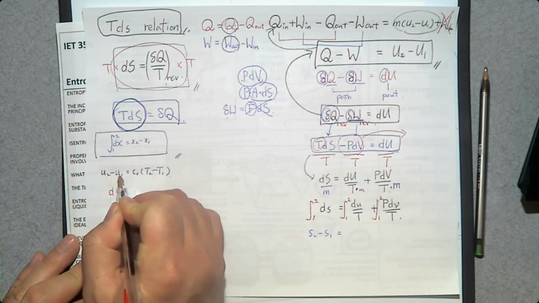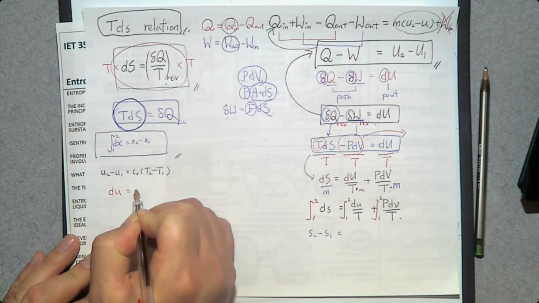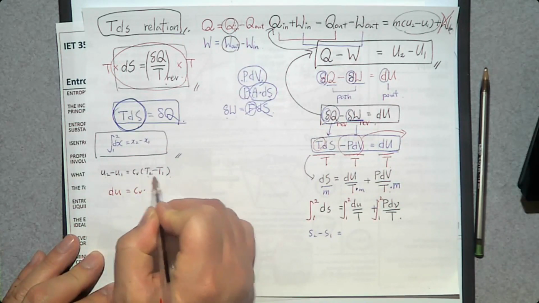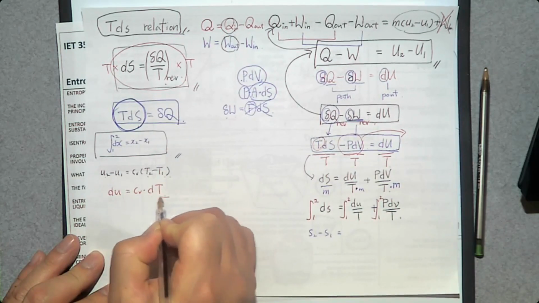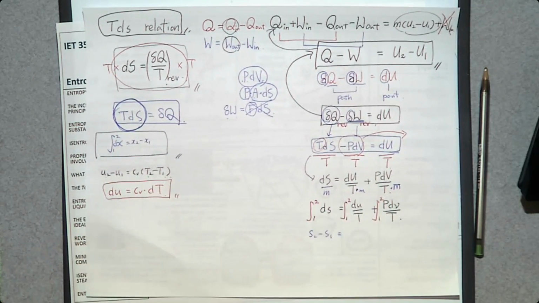Difference in u, u2 minus u1, du is going to be Cv, difference in T, dT. So du is Cv dT, the differential form of this equation. Always think about d as a difference, then it is easy to convert between a differential form and the normal form.